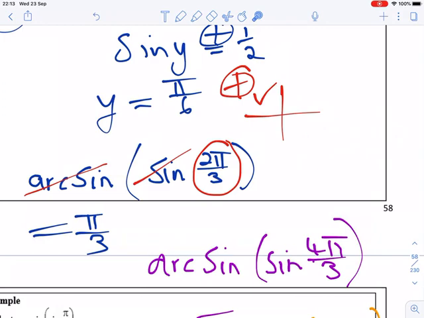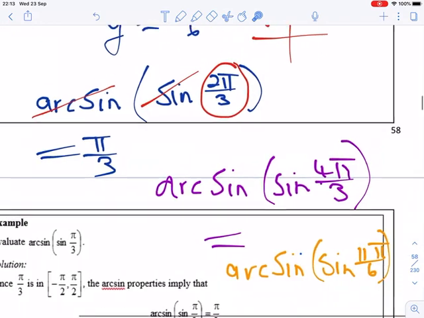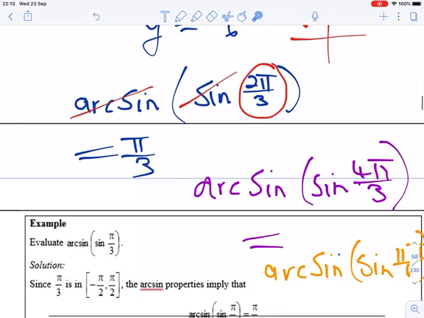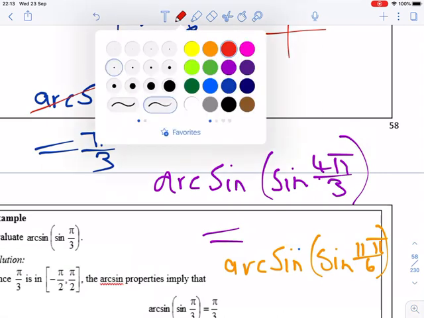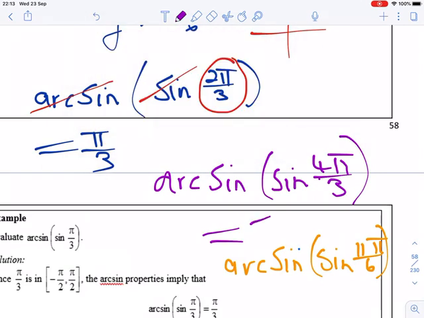So if it's negative, I must give my answer as negative the reference angle. So therefore, my answer should be negative pi over 3, because my reference angle here will be pi over 3, and I must give negative the reference angle as my answer.